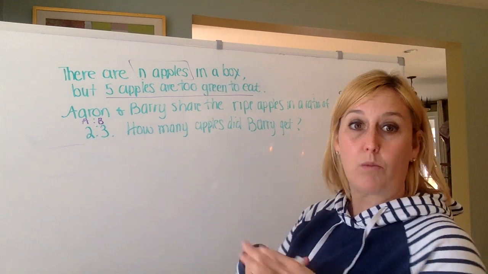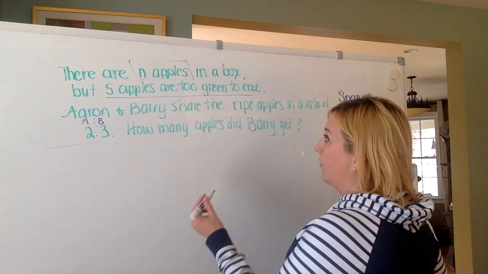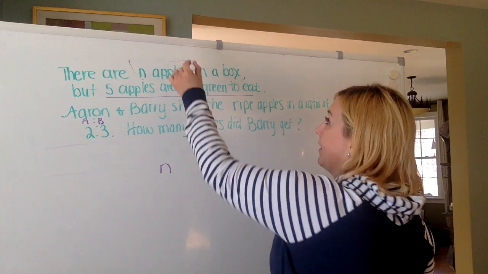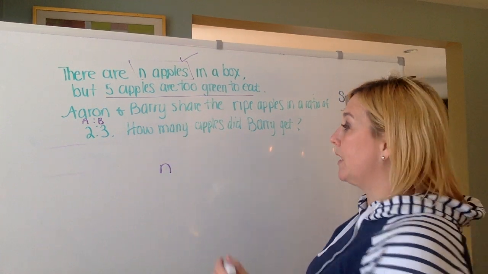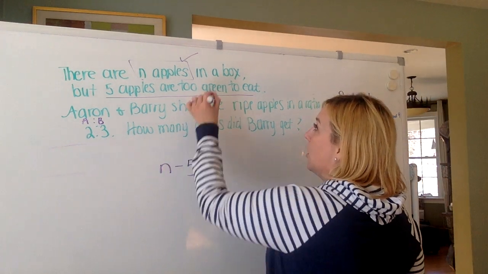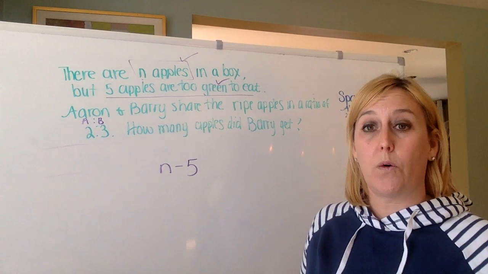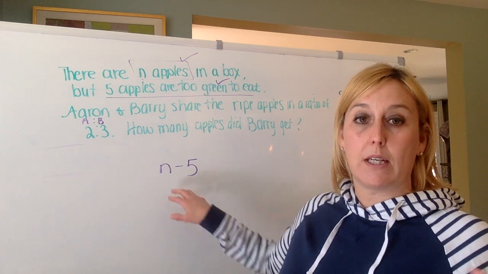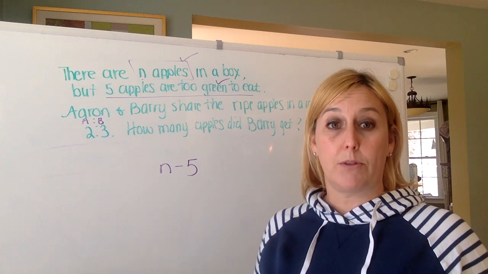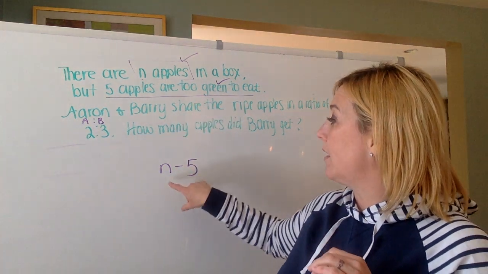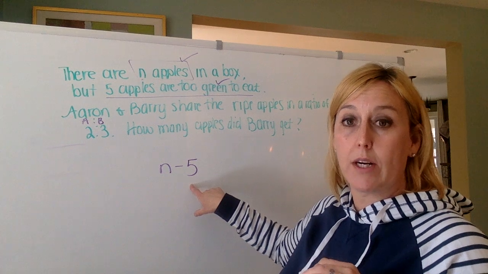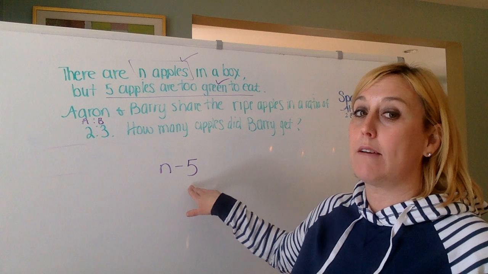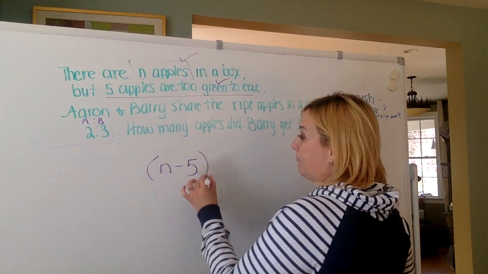If I start with just ripe apples, what's going to be the expression for ripe apples, what they can eat? Well, n represented the apples, right? 5 are too green to eat. So we're taking those 5 off the table because we know that they didn't eat them. Let's just say n equals 50, they started with 50 apples, but 5 were too green to eat. We would have to say 50 minus 5, right? Because we take those 5 out that they didn't eat. So that is why n minus 5 represents the ripe apples.